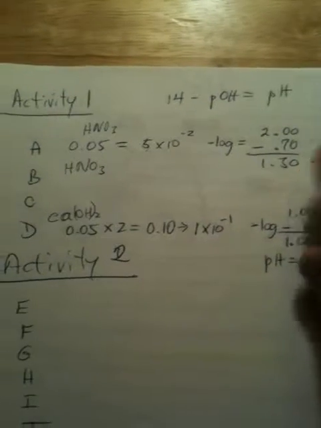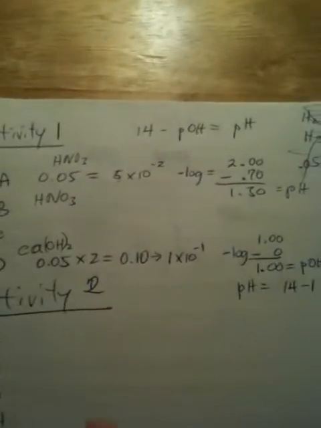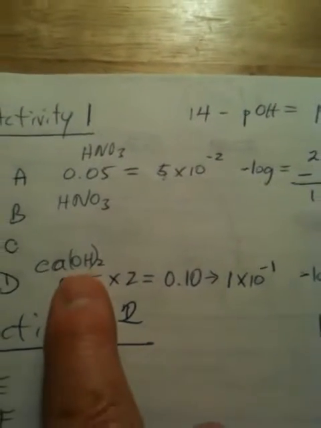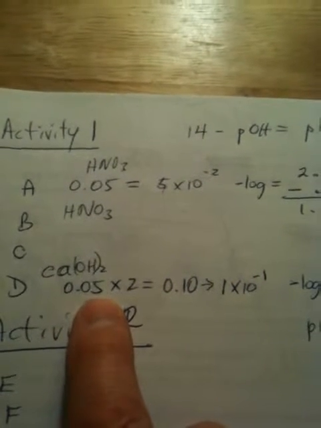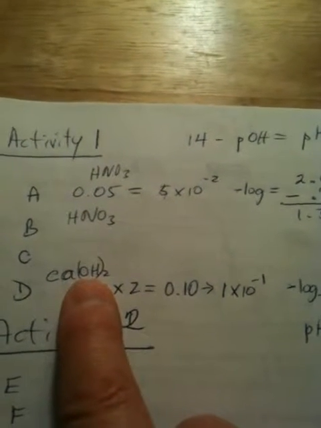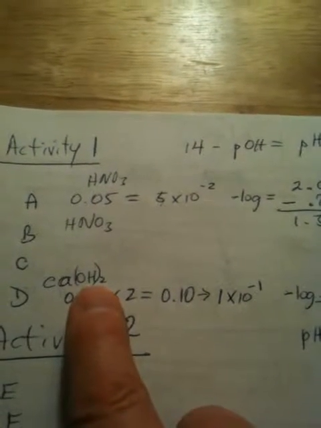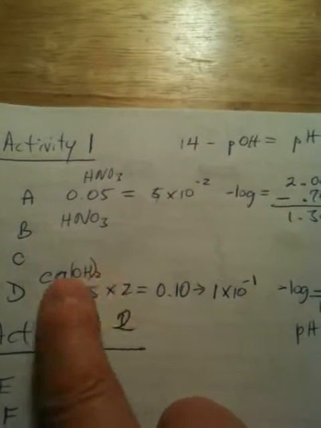I want to see that for every one of these. Anyone that doesn't have this, you'll receive no credit for. And this is a 20-point lab. Now let's look at probably the hardest one you were given, and that's this one. It was the calcium hydroxide concentration of 0.05. But, as I said in the first video on this lab, this is doubled because we have 2 hydroxide ions for each calcium hydroxide.